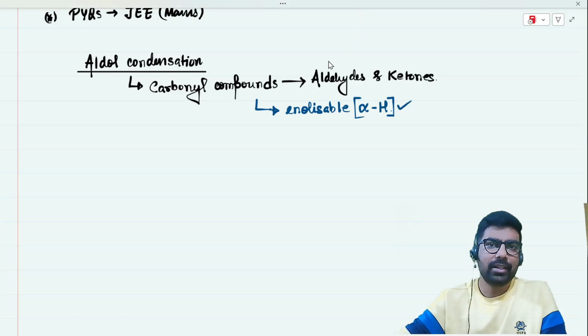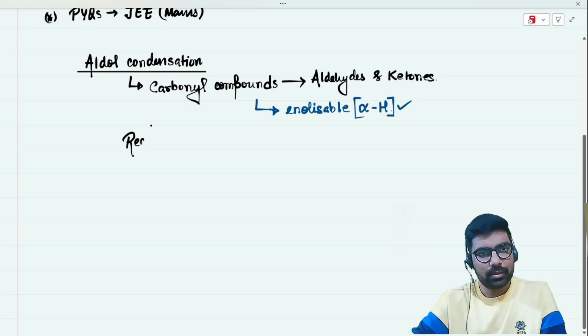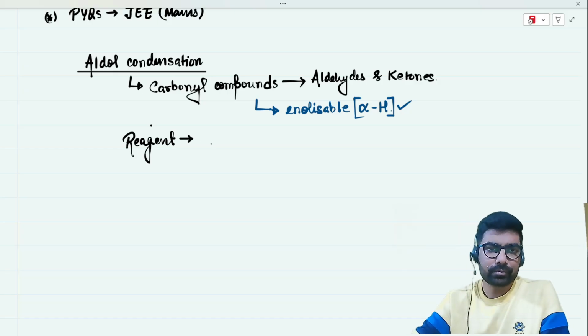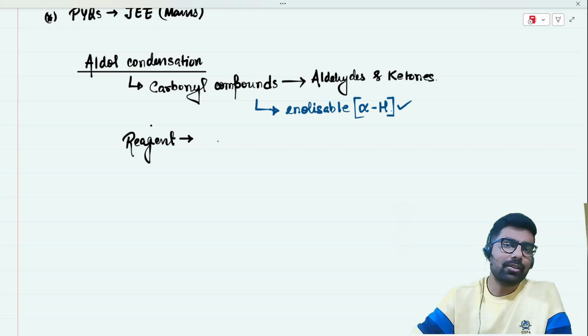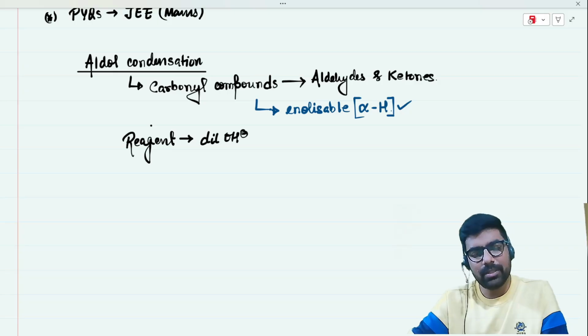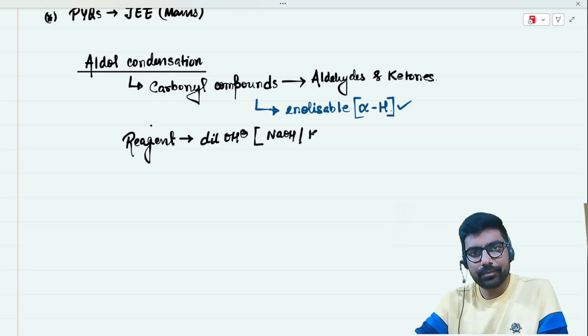Clear? Now the next thing is, what are the reagents that are used? For normal aldol condensation, what we need is a source of dilute OH minus. It means a dilute base is required. That can be dilute NaOH or dilute KOH.